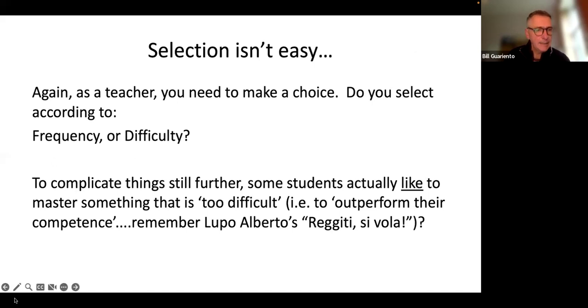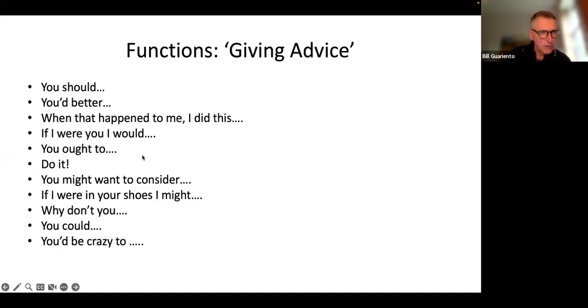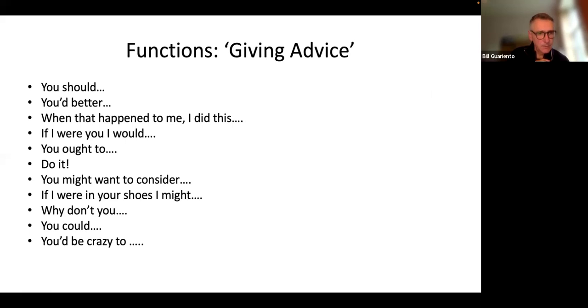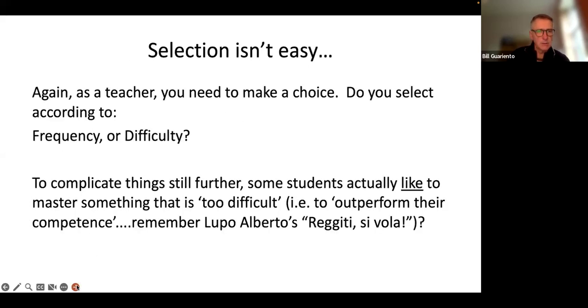So I think maybe, who was it who chose, you might want to consider? Maybe it was Hala who said, I would choose, you might want to consider. No, I said do it. Oh, did you, Hala? I'm sorry. It was somebody else who said you might want to consider. Okay. And yeah, even for beginners, it's sometimes nice to learn complicated language to outperform their competence.